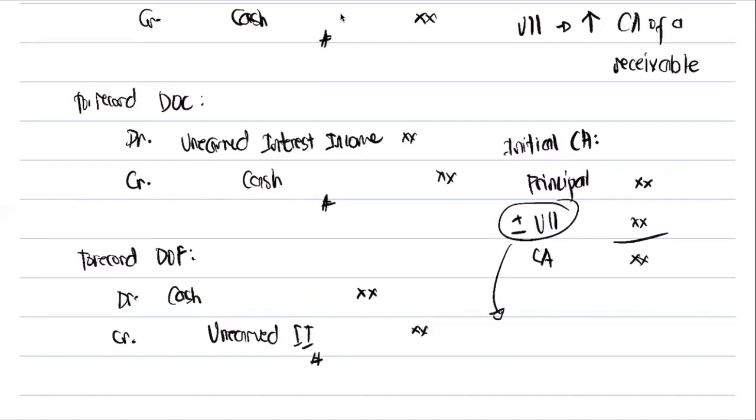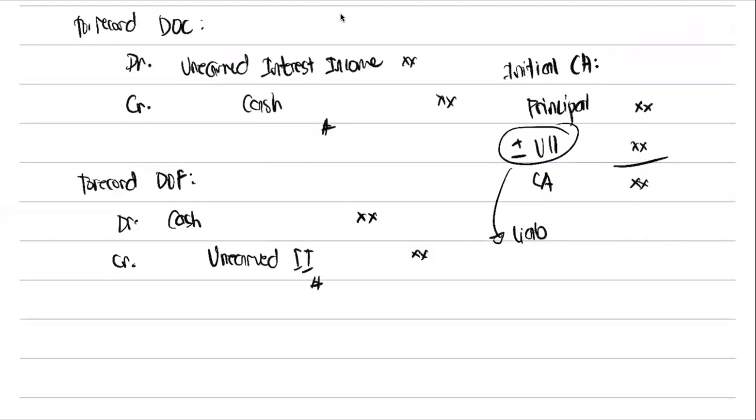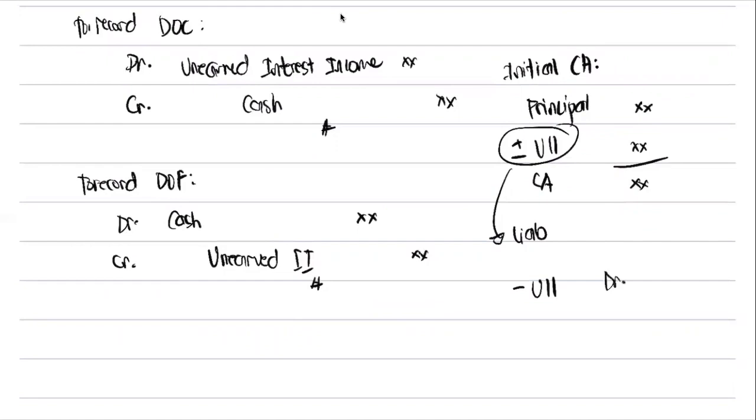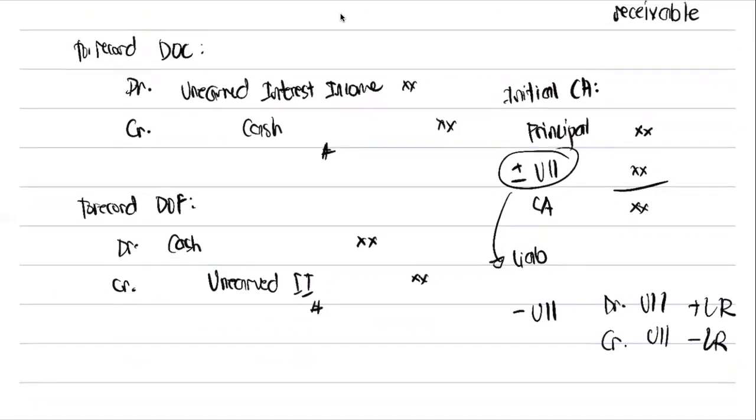Unearned interest income is considered a liability. But if you have a debit to unearned interest income, this increases your loans receivable. If you have a net credit balance of unearned interest, that is a deduction to your loans receivable. Again, the initial measurement is equal to your principal plus or minus your unearned interest income to get the carrying amount.